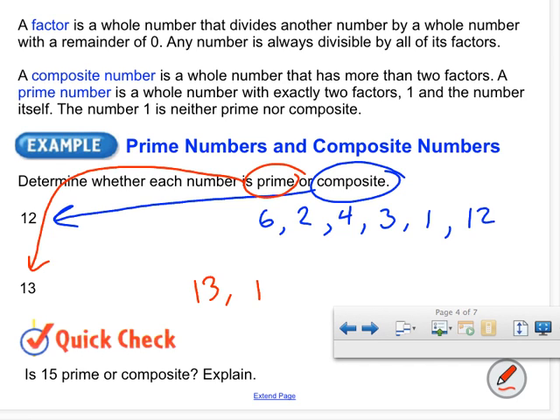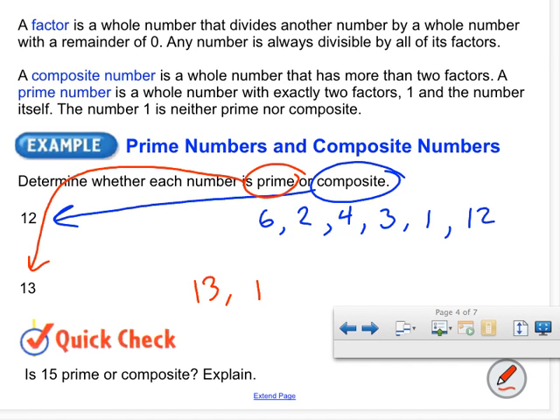So for a number to be prime or composite, it has to be greater? That's one way to look at it, yes. Good, very good. Well, negative numbers, right? You have some negative numbers. You can factor a negative number. So let's adjust our thinking.